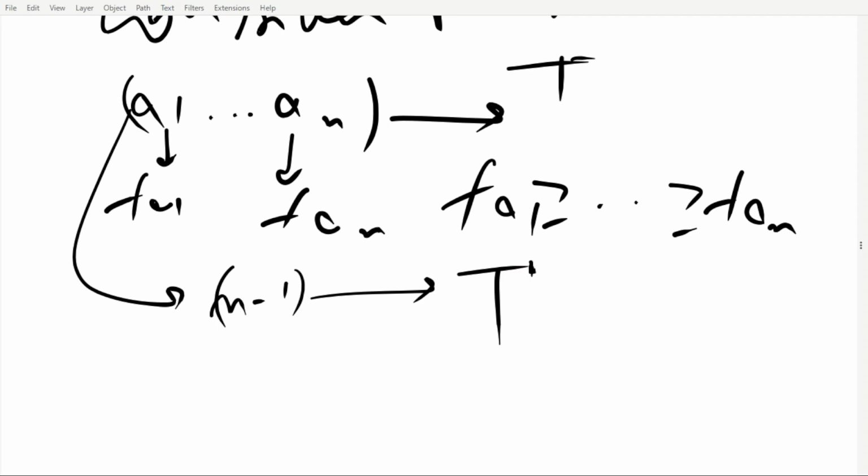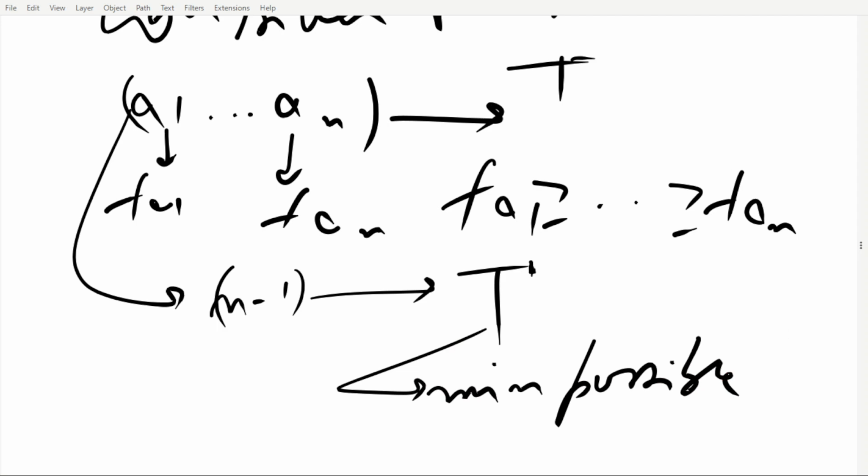In T prime we merge an minus 1 and an, call it a single alphabet, name it an minus 1 an, having frequency fan minus 1 plus fan. Take it as a single node, apply this algorithm on the remaining inputs of size n minus 1, and get the tree T prime. By our induction hypothesis, this has the minimum possible average bit length.